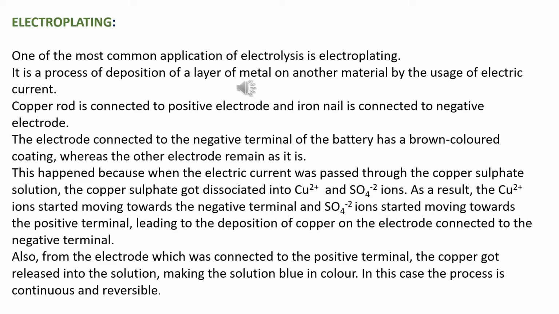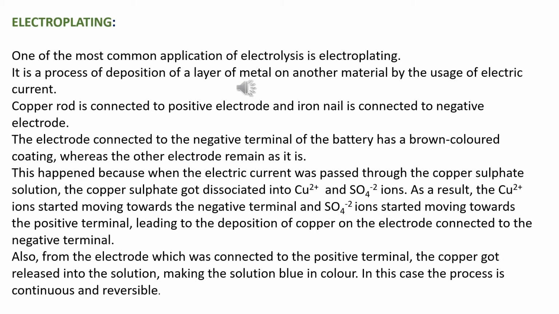I'll repeat again. We are considering a setup with two electrodes, one a copper rod, the other an iron nail, connected to the positive and negative terminals. The copper rod is connected to the positive terminal and the iron nail to the negative terminal. Our main aim is to coat copper on the iron nail. So we dip these electrodes in an electrolyte, a copper sulfate solution.